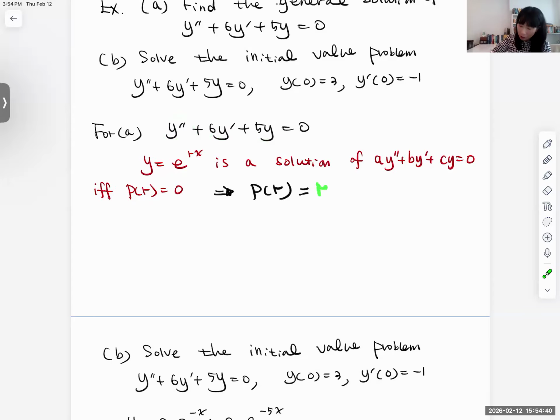So let me write it out. r squared plus 6r plus 5 equal to 0. Oh, no, 5, yeah? All right, is it factorable? Can you factor it?